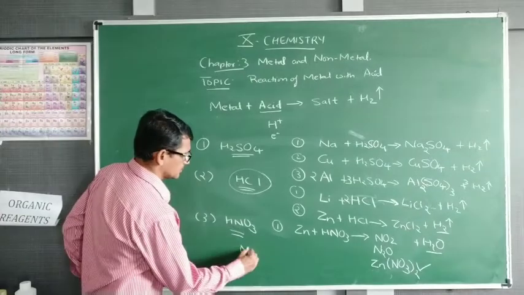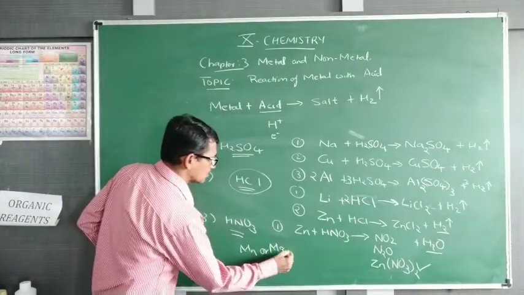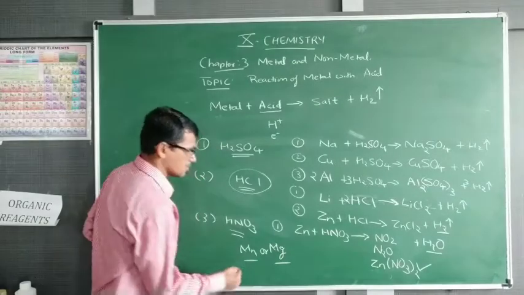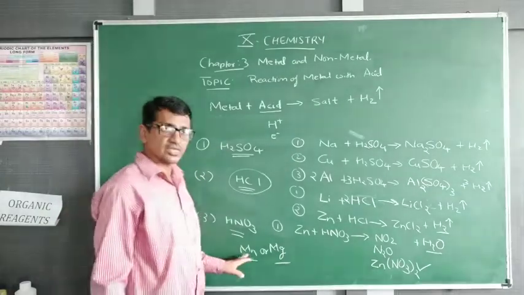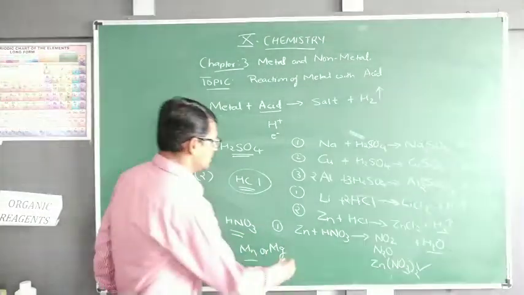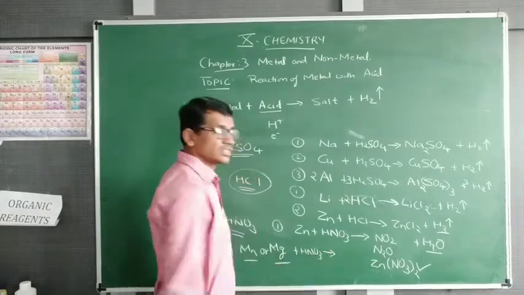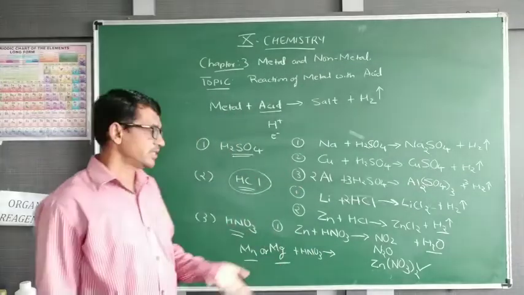Another mild metal, Mn and Mg, manganese and magnesium. Magnesium and manganese when they react with HNO3 will give the same product, that is salt and hydrogen.